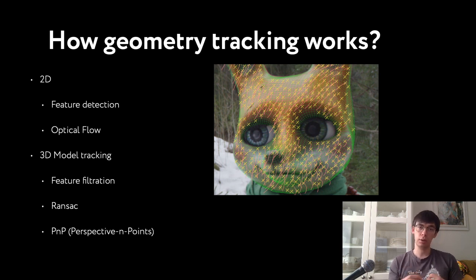then we have a 3D engine, and now we have a bit of a difference between 2D tracking with geometry or without it, because when you have geometry, you can identify every 2D feature with some point on the surface of the model.